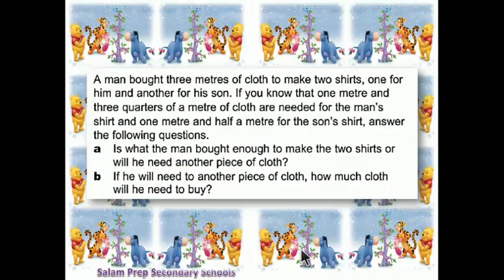Another story problem. A man bought 3 meters of cloth to make 2 shirts. One shirt for him and another for his son. If you know that 1 meter and 3/4 of a meter of cloth are needed for the man's shirt, and 1.5 meters for the son's shirt.